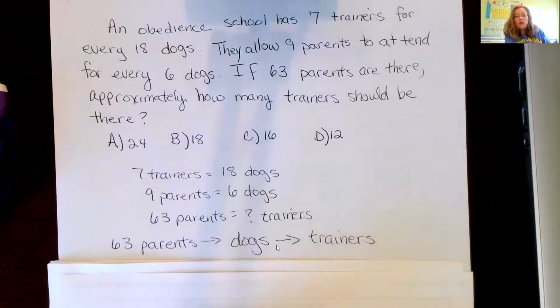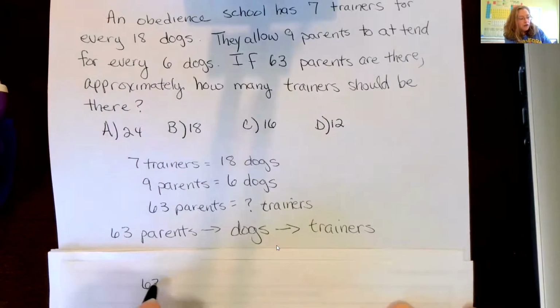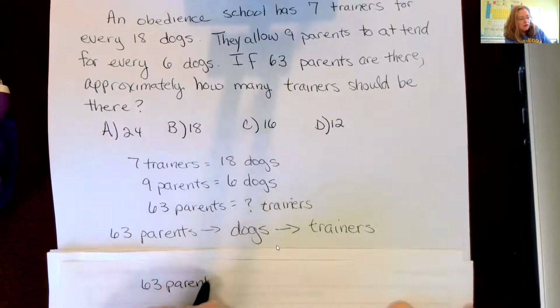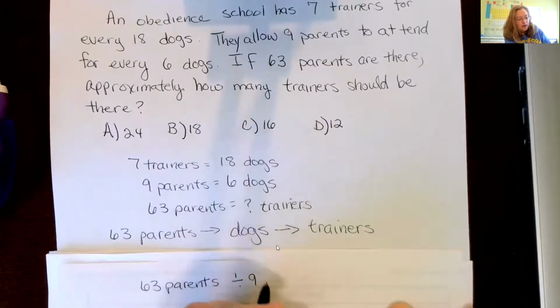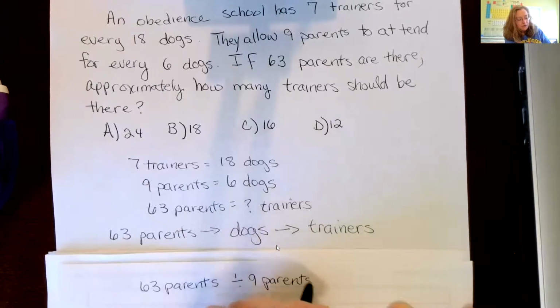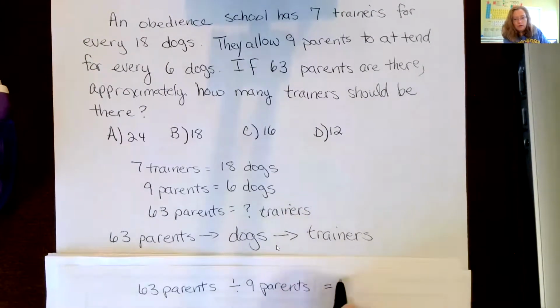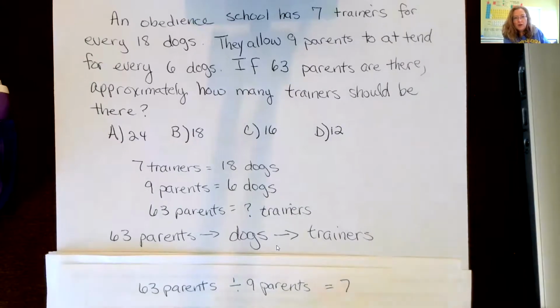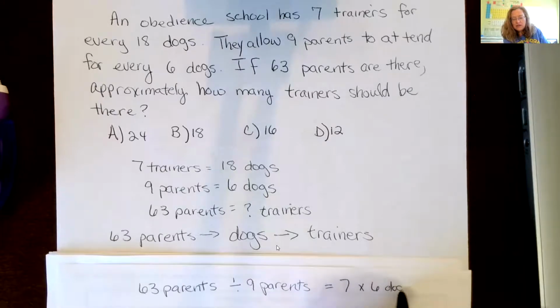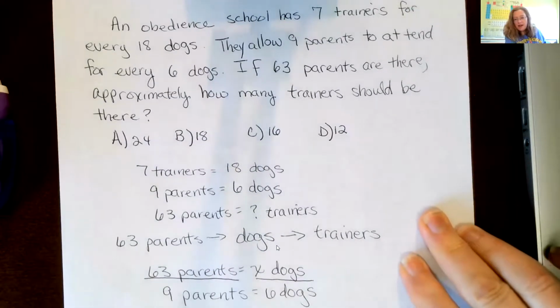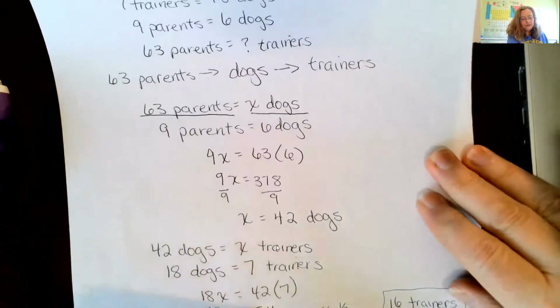You might have said, oh, okay, there are 63 parents. If I divide that by 9 parents, we have a multiple of 7. We could then say 7 times 6 dogs. We must have 42 dogs on site. And so that's the same as what I had after doing the first proportion.